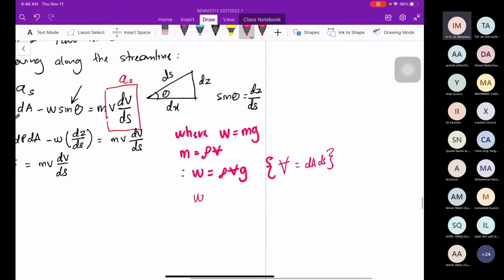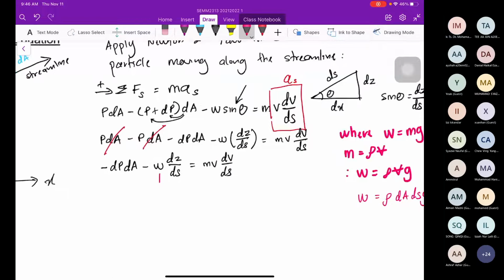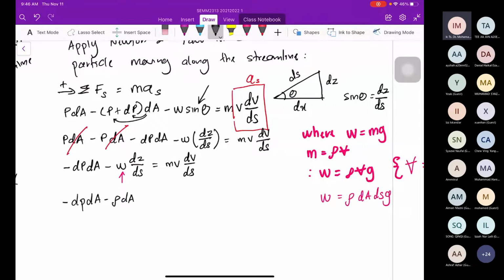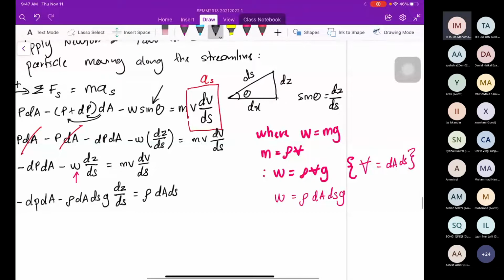So the weight is equal to rho dA ds g. Then I can substitute directly: negative dP dA minus rho dA ds g dz over ds equals the mass, rho times volume dA ds, times dV over ds, and then we have V also.